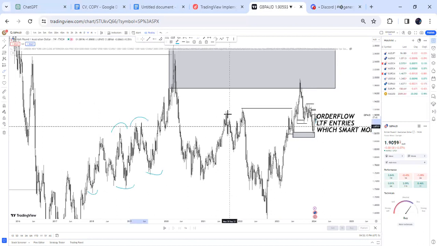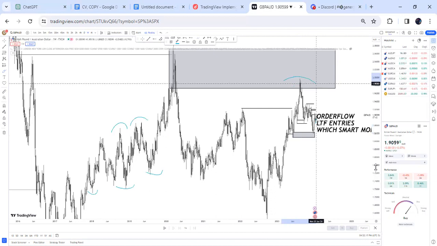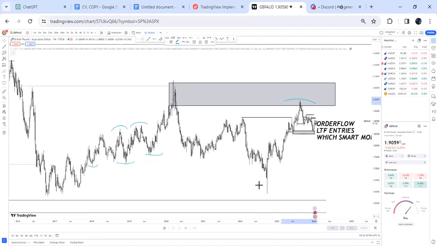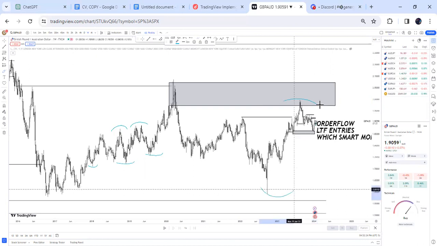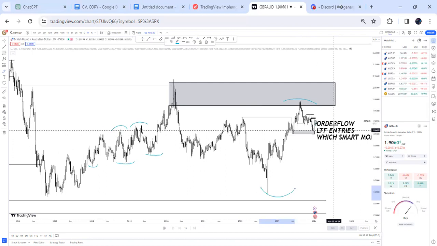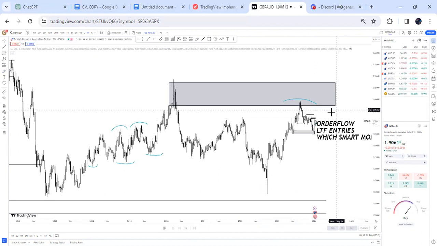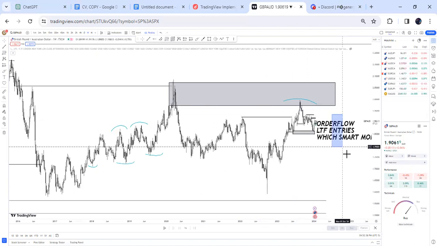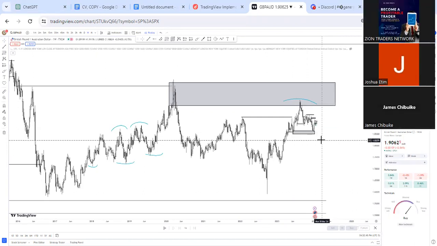And now if we continue this way, and we take out this particular low, then we can now begin to say that, okay, price or smart money has begun accumulating orders to the downside. Then we can now say we now have a bearish order flow. Does that answer the first question of what is order flow?